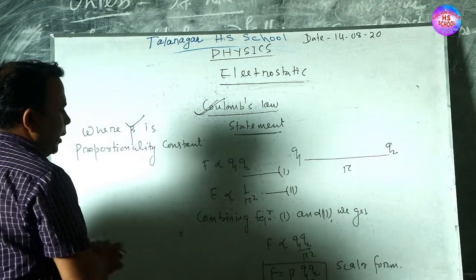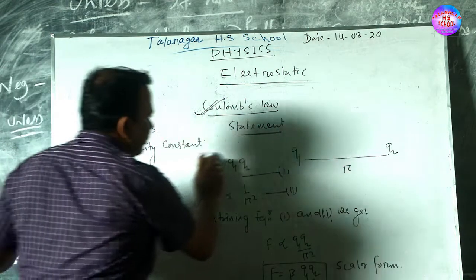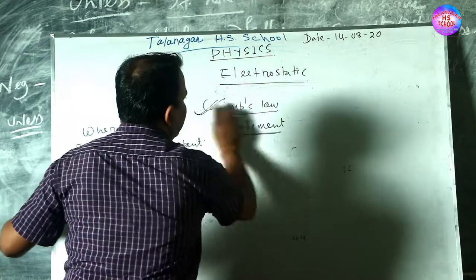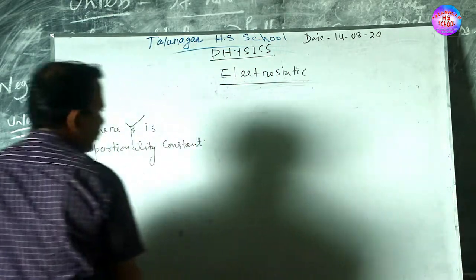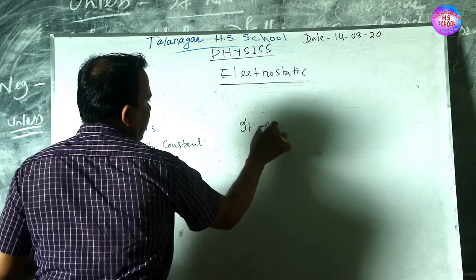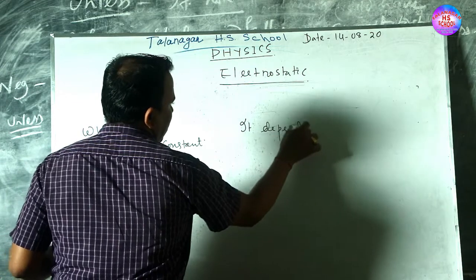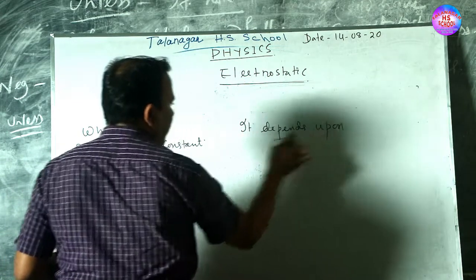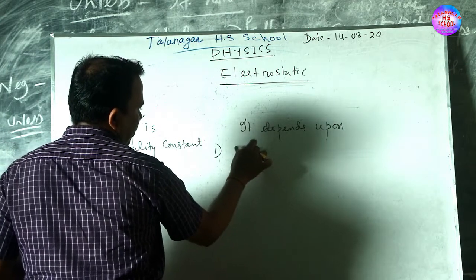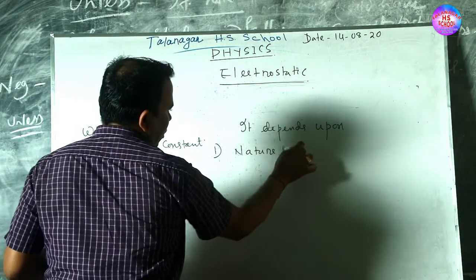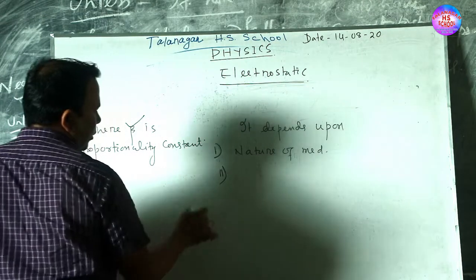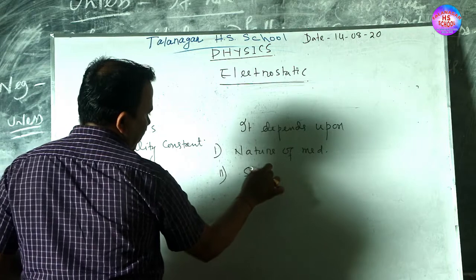The value of beta depends upon two factors. It depends upon the nature of medium, and second, the system of unit.